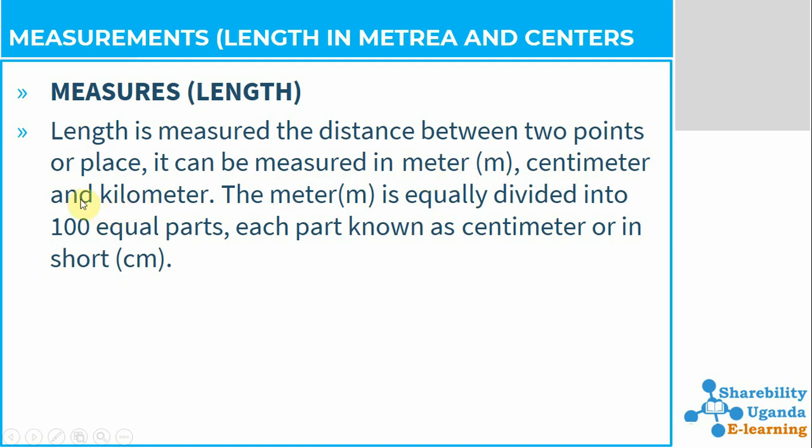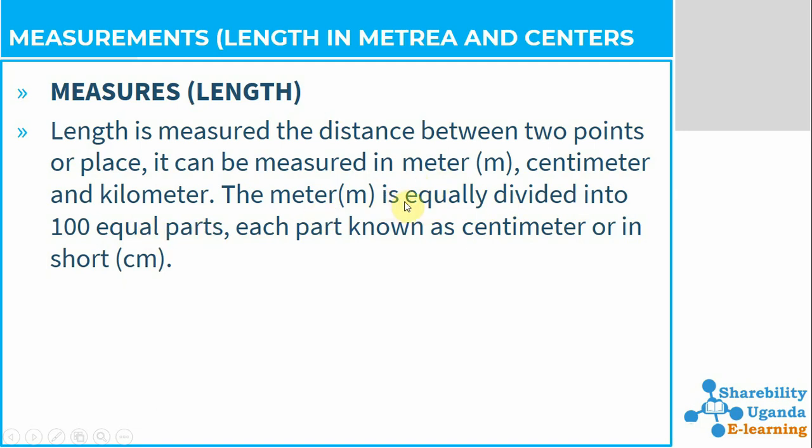We are saying also we can measure the length or the distance between two points using kilometers. So that means we can also use that. Then they are saying that the meter is equally divided into 100 equal parts.